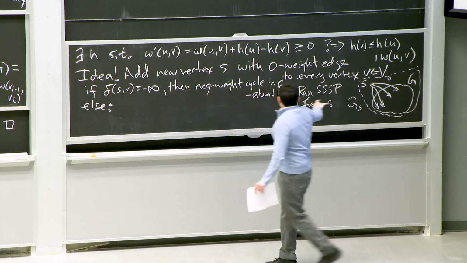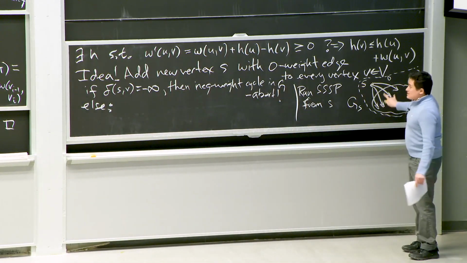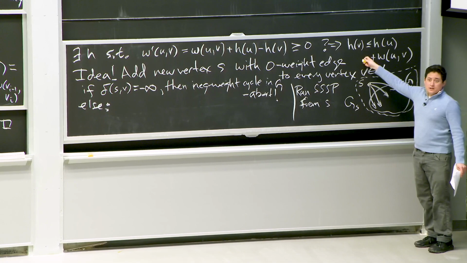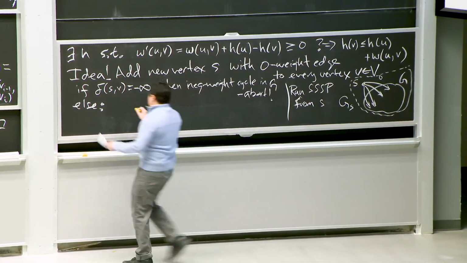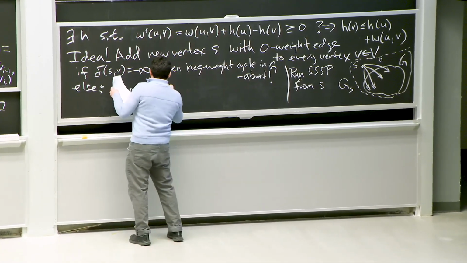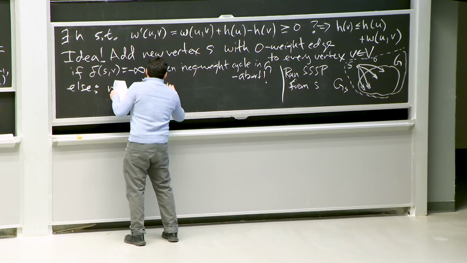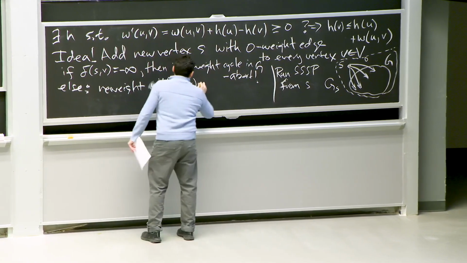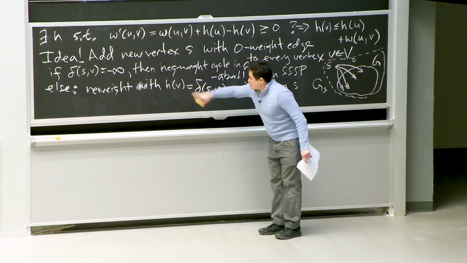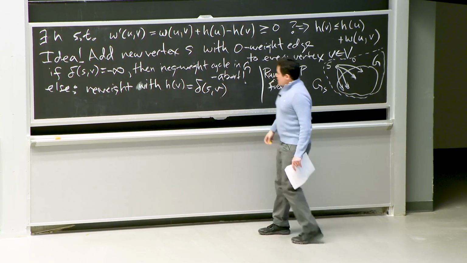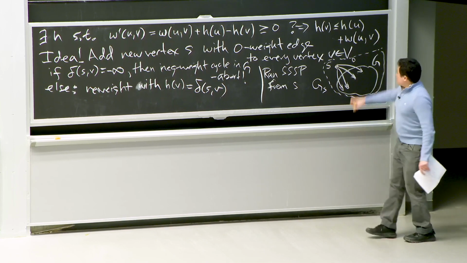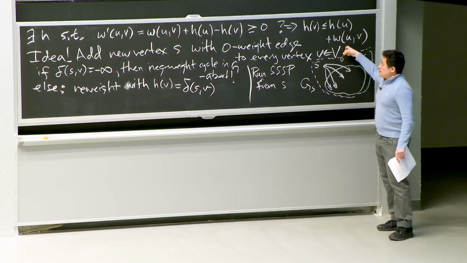what do I do? Well, I know these shortest path distances here would satisfy the triangle inequality, right? So if I reweight with h of v equal to delta s of v, if we set our potentials in our reweighted graph to be the shortest path distance from our supernode S, it satisfies the triangle inequality.